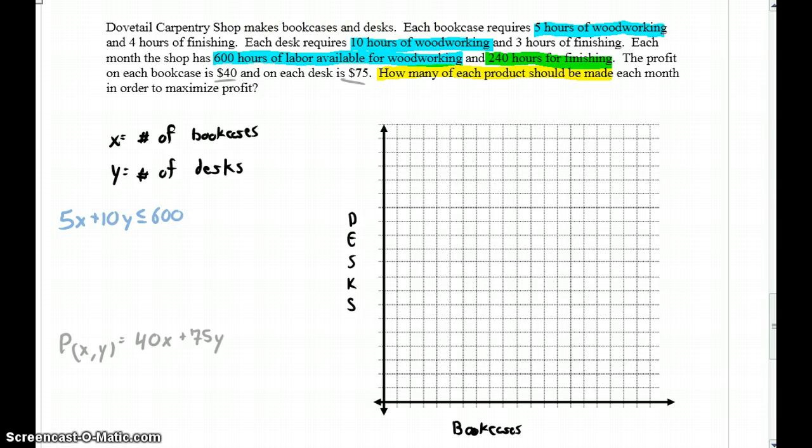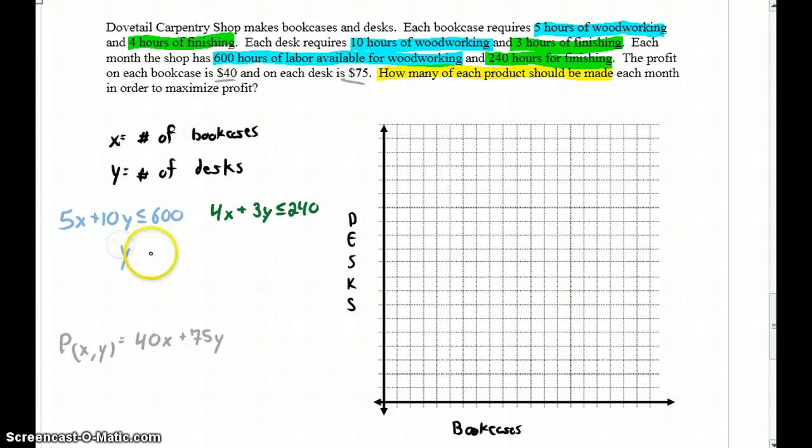By the same token, 4 hours of finishing for each bookcase and 3 hours of finishing for each desk. So 4 times the bookcases plus 3 times the desks has got to be less than or equal to 240 hours.